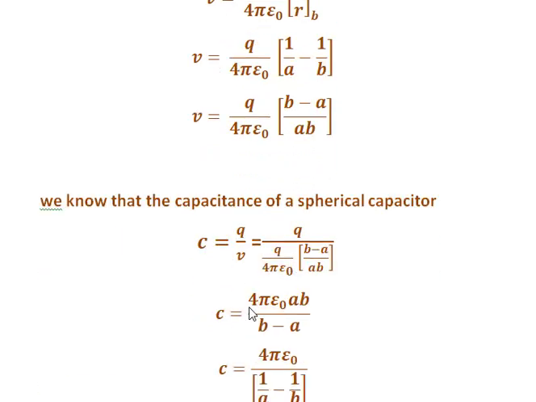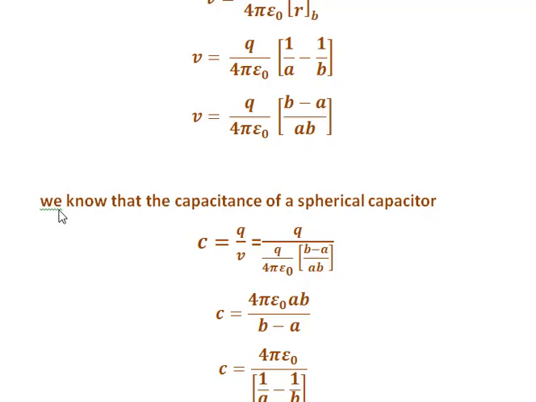Now we got the value of the potential difference, the voltage. V is equal to Q by 4 pi epsilon naught into (b minus a) by ab. Q is the charge, 4 pi is the space, epsilon naught is the permittivity of the air medium. You know what is B? B is the radius of the outer spherical conductor. A is the radius of the inner shell.